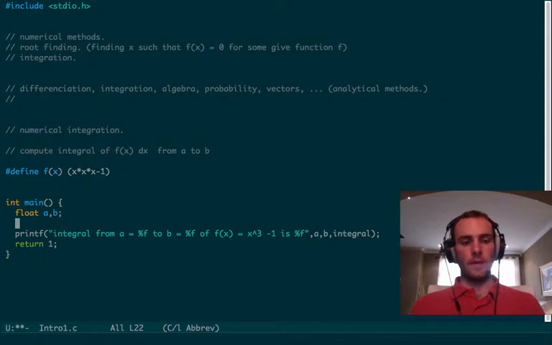So for that problem, we're going to approximate the integral, which is the computation of the area.